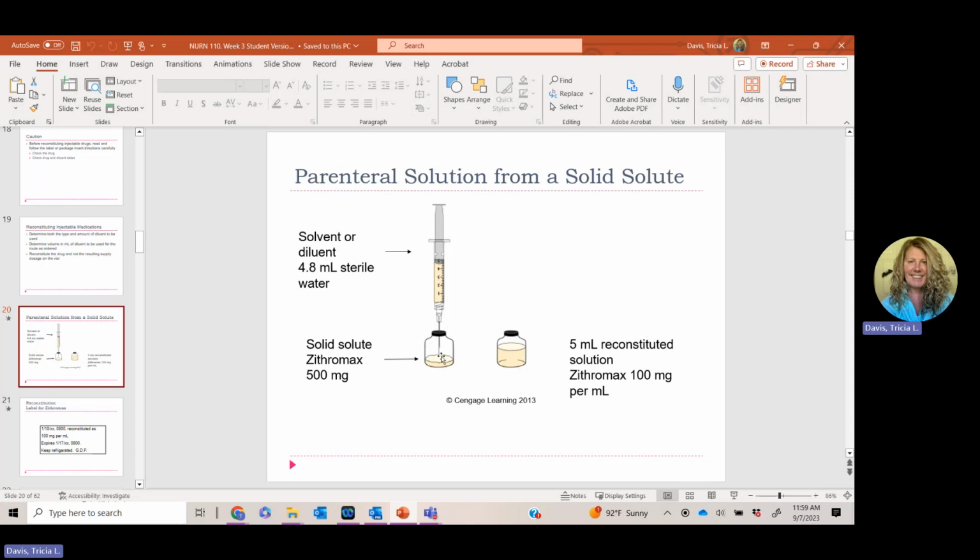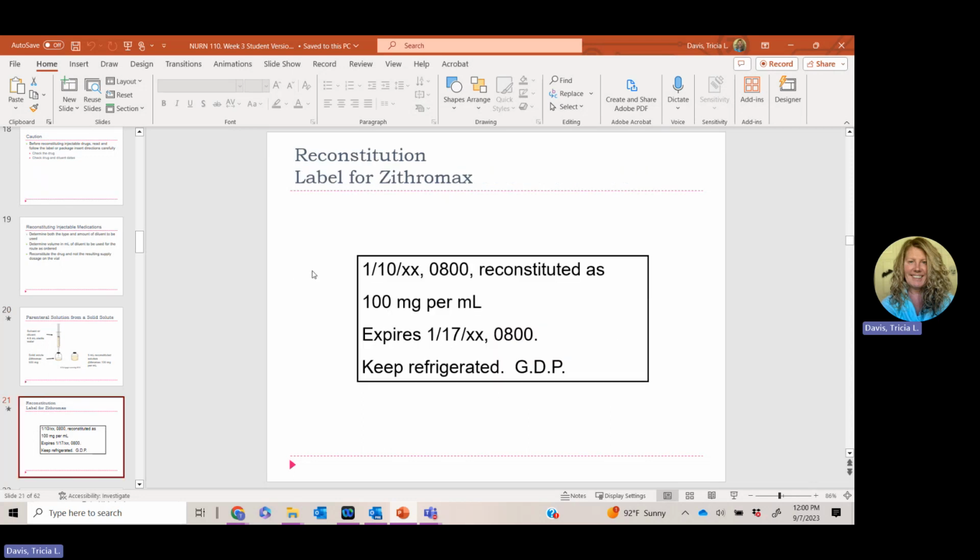So it'll tell you on the label that for every ml that you have now, you have 100 milligrams per ml. So if you needed 200 milligrams to administer, you would pull up 2 mLs, okay? If you needed 250 milligrams to administer, you would pull up 2.5 mLs. And the more you get familiar with this, the more it will make sense.